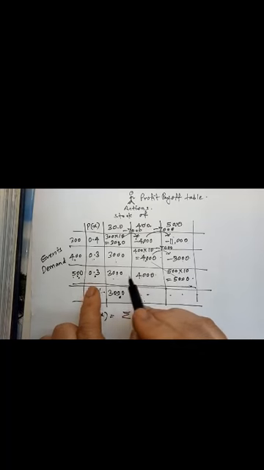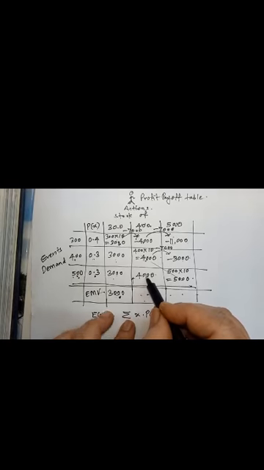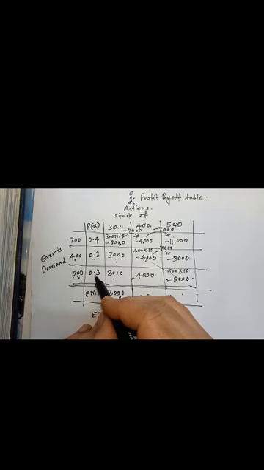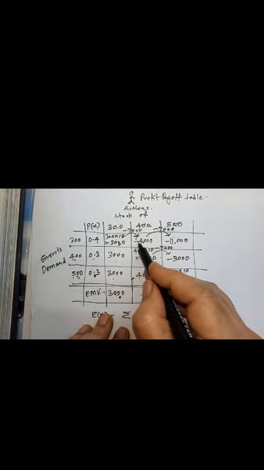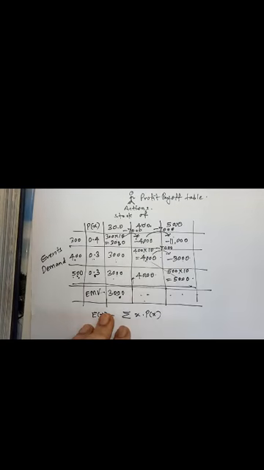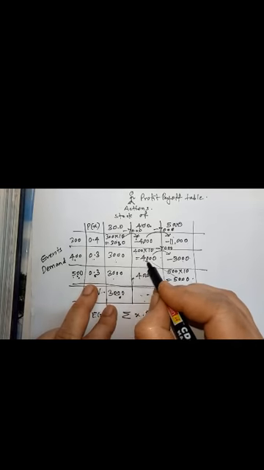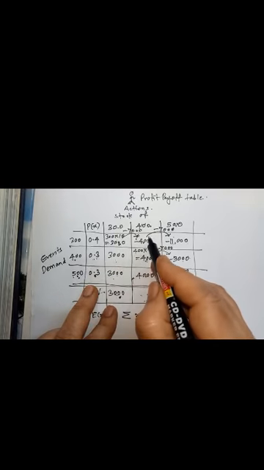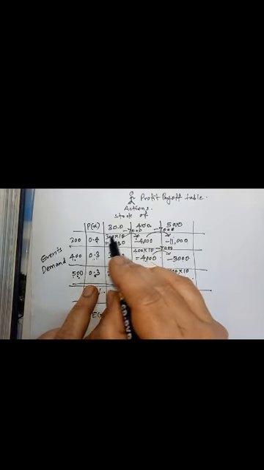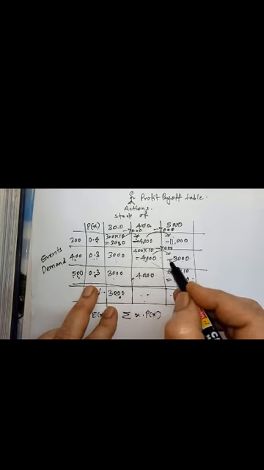For example, it will be on your calculator 4000 into 0.3, start from bottom. So I repeat again, on the calculator 4000 into 0.3 M plus, 4000 into 0.3, this is positive, so M plus again, then you have 4000 into 0.4 M minus because of this negative sign, and then at the end MRC.